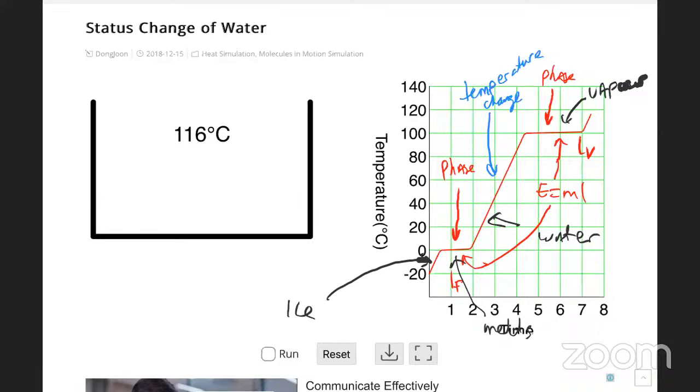All right, for those who now join, remember the formula for temperature change, mcΔθ.